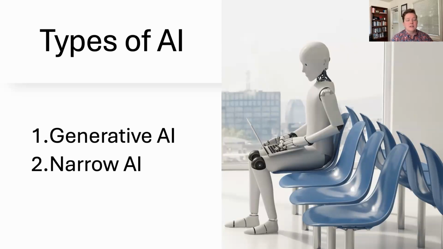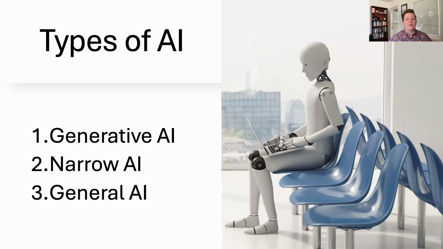So for instance, Grammarly uses more of a narrow AI, not so much for facts and generating images and stuff, but instead focused on rules of grammar. So that's kind of a narrower AI. And then there's general AI. This actually doesn't exist yet. It's one of the things that people are excited and scared of.